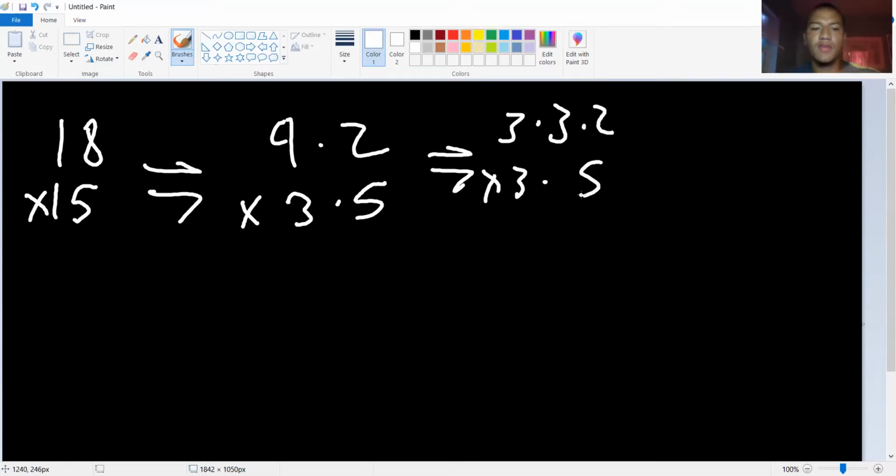Well, this looks a lot easier for sure. I noticed that I have a way I can rearrange the numbers into 2 times 5 is 10, leaving me with 27, because 3 times 3 times 3 is 27. 27 times 10 is 270. So 18 times 15 is 270.